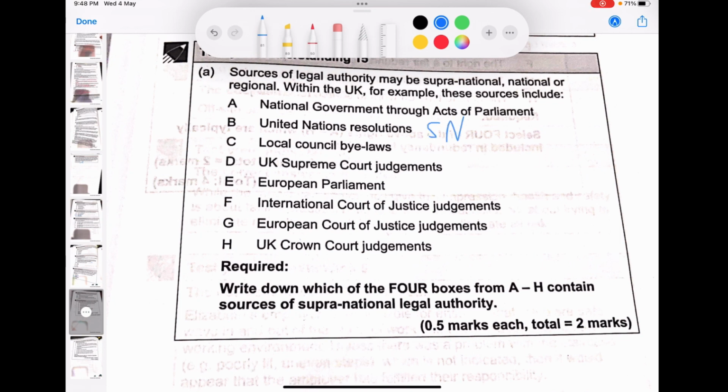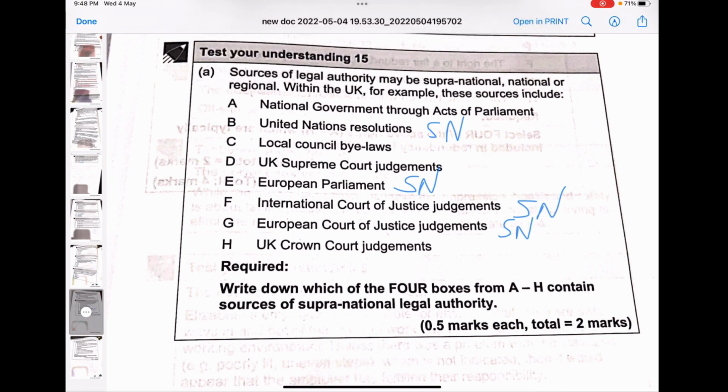Local council is regional. UK Supreme Court is of the UK. European Parliament is supranational. International Court of Justice is supranational. European Court of Justice is supranational. UK Crown Court judgment is not. So the answer is B, E, F, G.